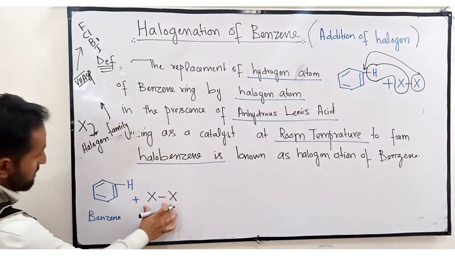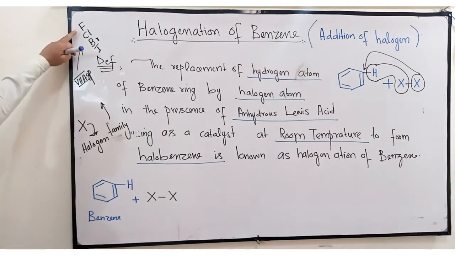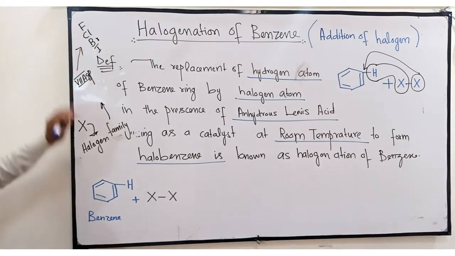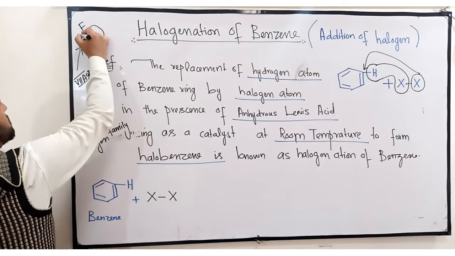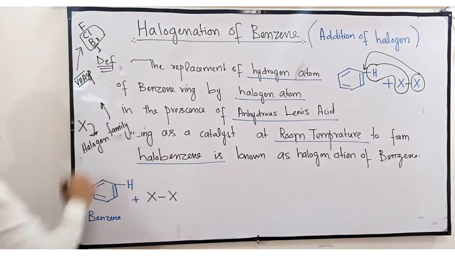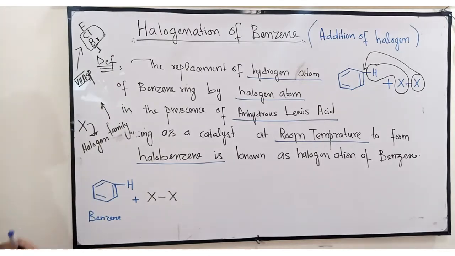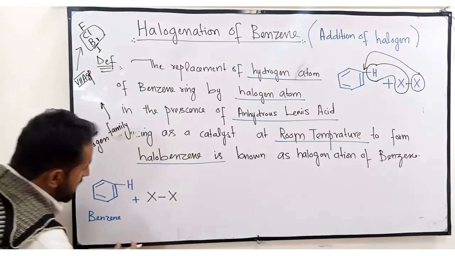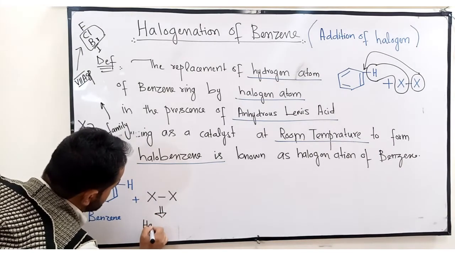This is the halogen molecule, X2. This X may be fluorine, chlorine, bromine, or iodine. But in halogenation, we study just these two, chlorine and bromine. I will discuss the reason why the rest of the two are not used during these reactions. Understand? So this is the halogen, which is basically our halogenating agent.